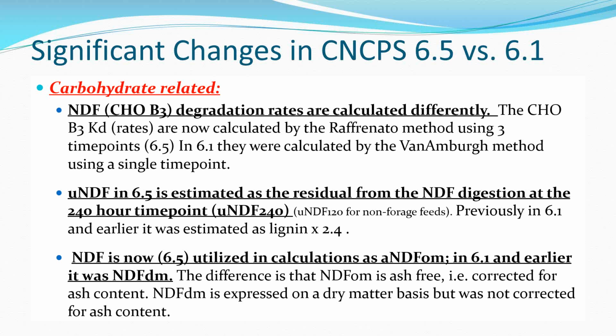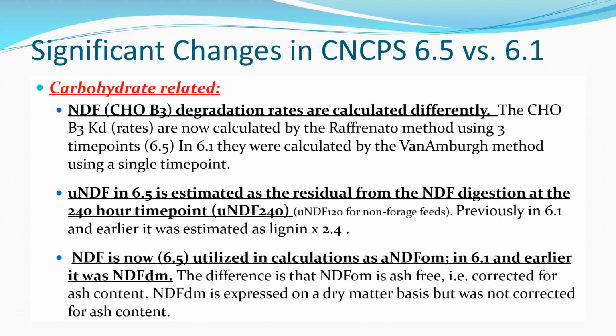Also, the same system can be used with different time points for concentrates and byproducts. The concentrates and byproducts use time points at 12, 72, and 120 hours. And these calculations are now done internally in the NDS platform so that they generally do not show up on the samples that you receive from the labs.